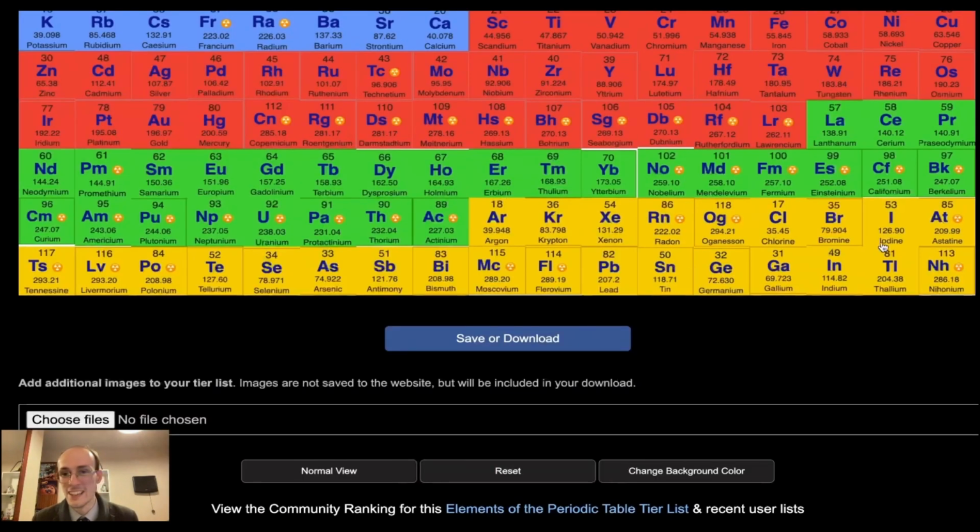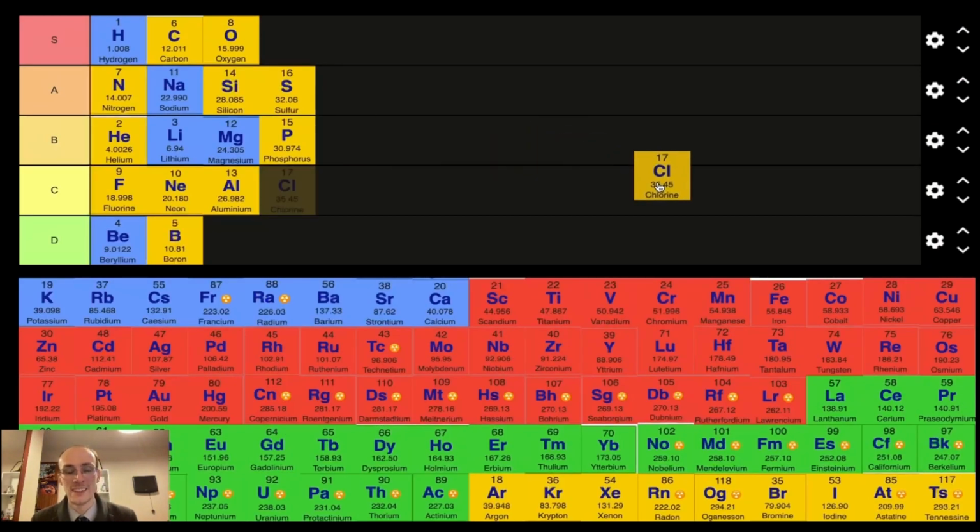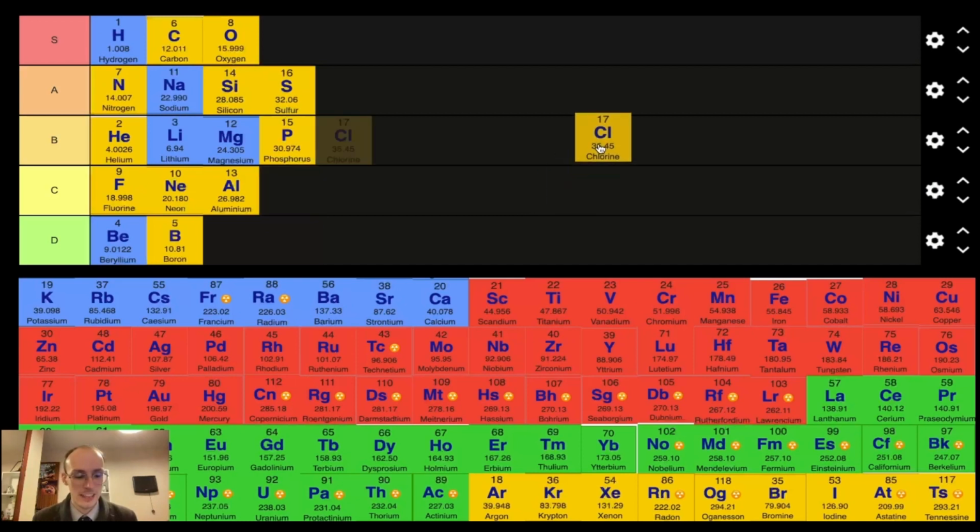Number 17 is chlorine. Another halogen, probably the most famous of the halogens, I would say. It certainly loses points for how bad it is for the environment. There's a reason we put it in public swimming pools.